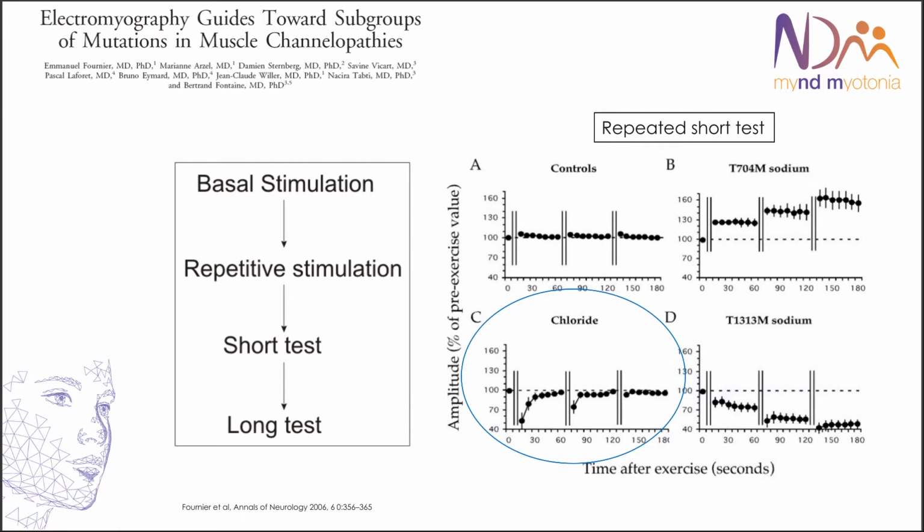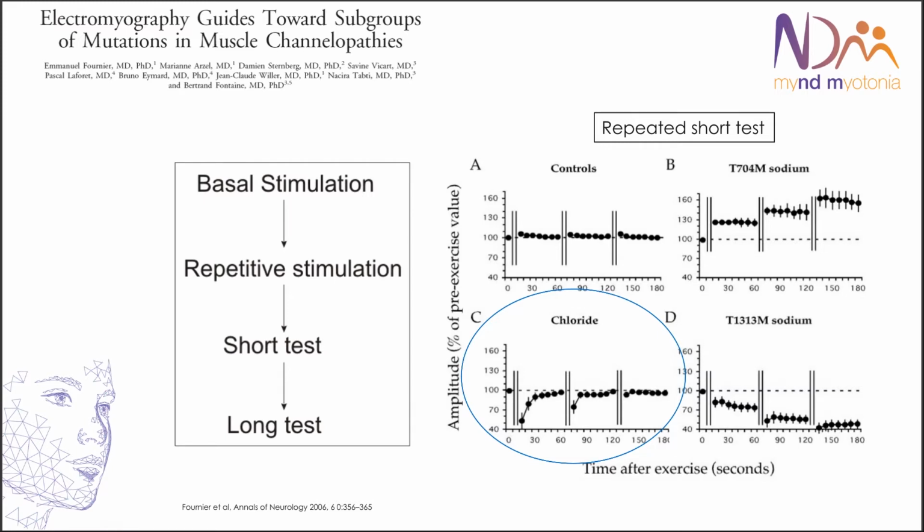So this means that after a while, what we are seeing here is the warm-up phenomenon. The patient is not having the same problem with depolarization in the muscle. And you can see that the response can be different in sodium channelopathies, depending on the mutation, with a persistent increase or a persistent decrease in the action potential.